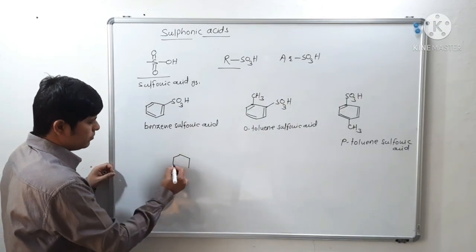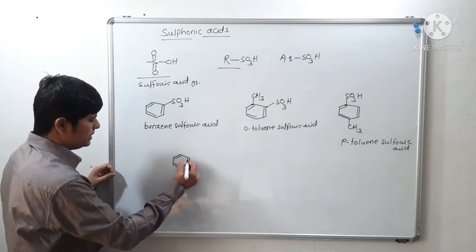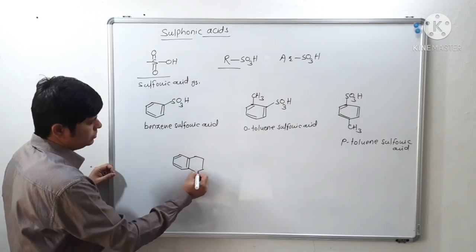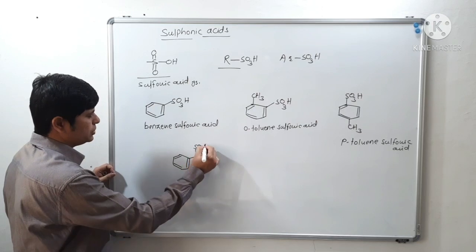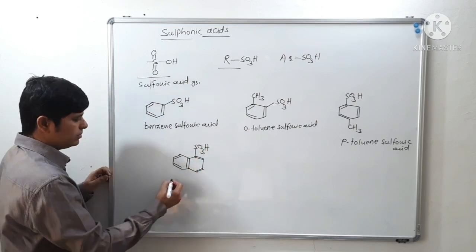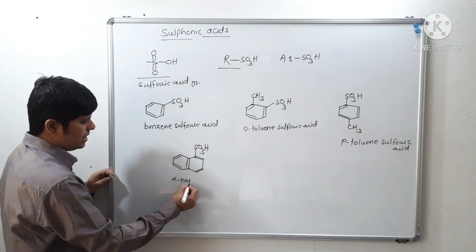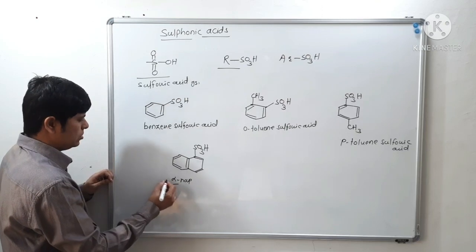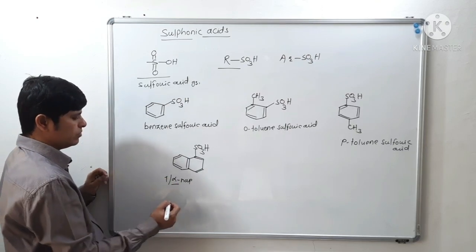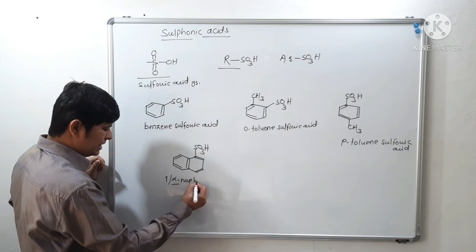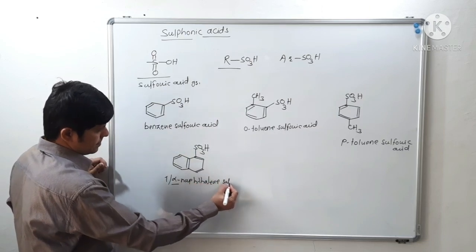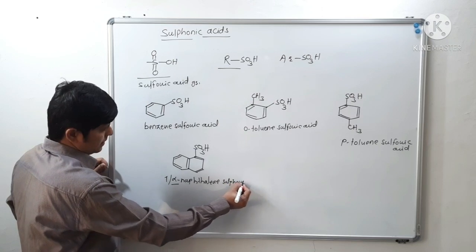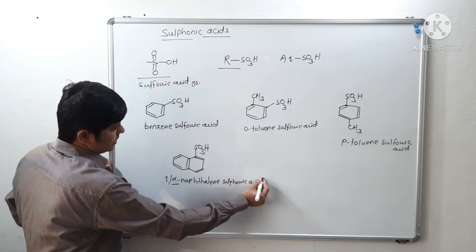When the sulfonic acid group is attached to a naphthalene ring at the first position, we will have alpha or 1 naphthalene sulfonic acid.